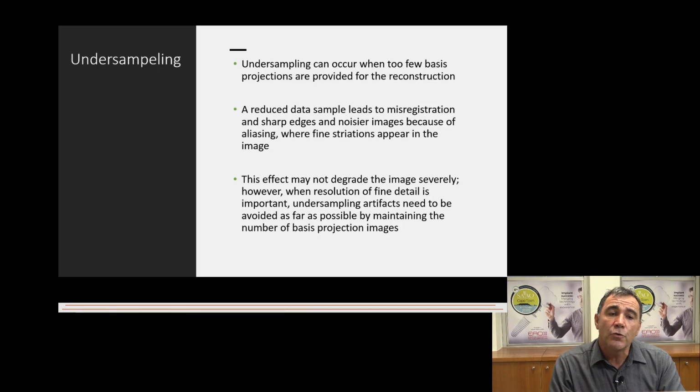However, when resolution of fine detail is important, undersampling artifacts need to be avoided as far as possible by maintaining the number of basis projection images. Thus, for root canal treatment, it's extremely important, and also if you want to do something surgically guided.